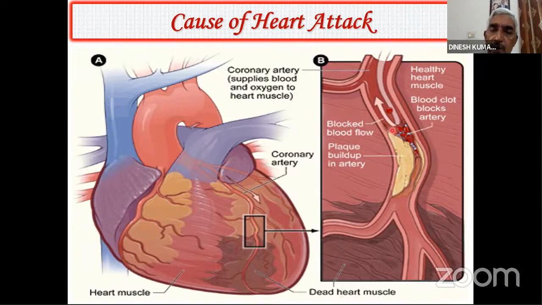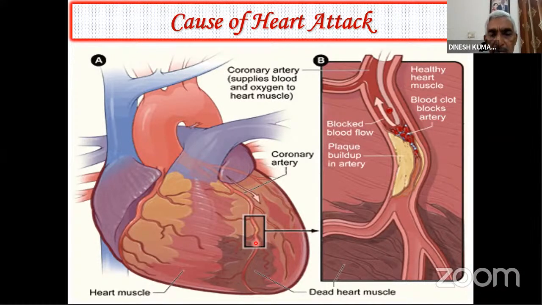And if there is any damage to the epithelium and inner wall of the blood vessels, due to blood pressure or anything else, a blood clot is deposited at this point, and there is no supply of oxygenated blood to the heart.